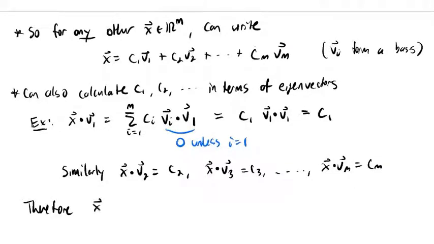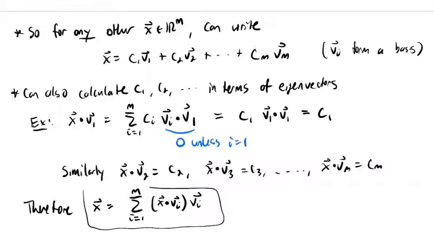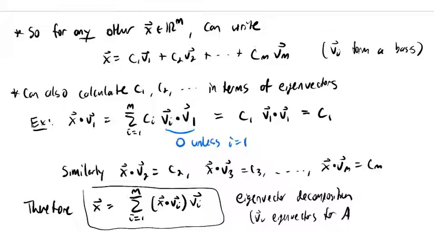And so therefore, I can decompose my vector x as the sum from i equals 1 to m of x dot vi, which is a number, because dot products are scalars, times the vector vi. This is more precisely what I mean by an eigenvector decomposition, because the vi's are eigenvectors for A. One reason this is useful is that I can now better understand the action of the matrix A on the vector x.